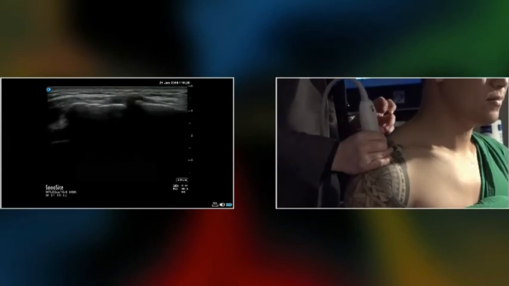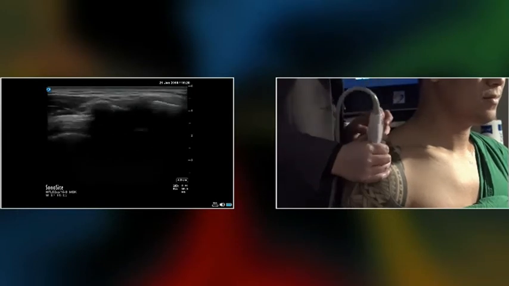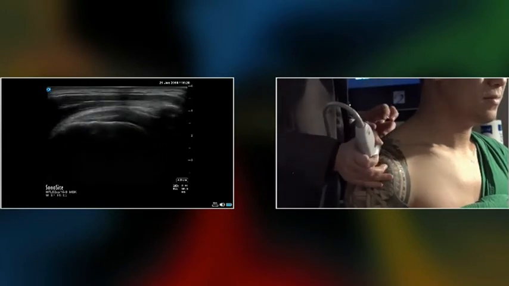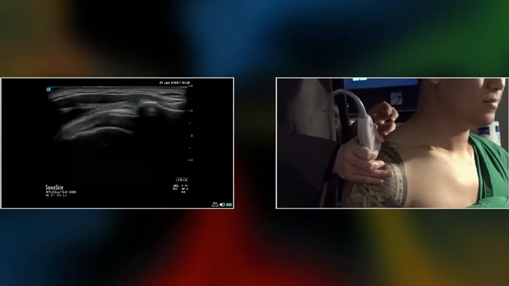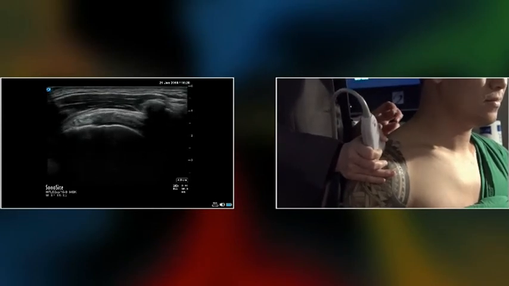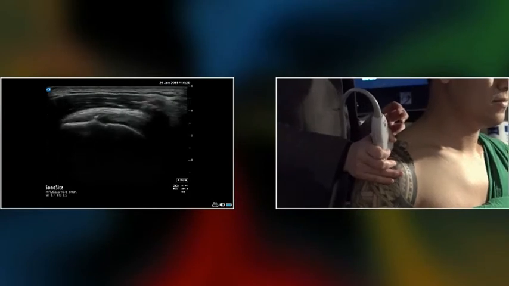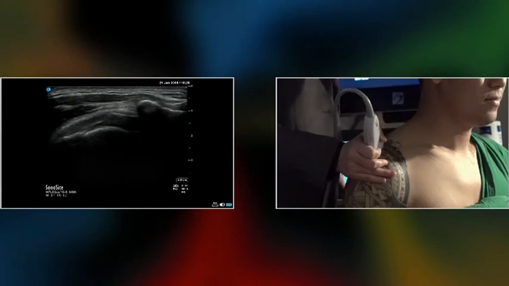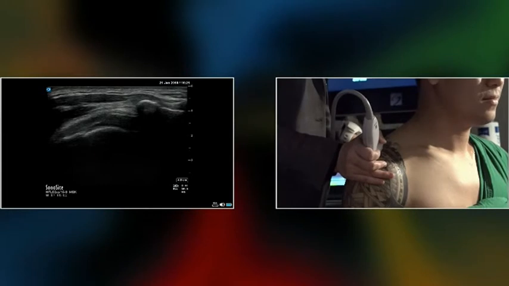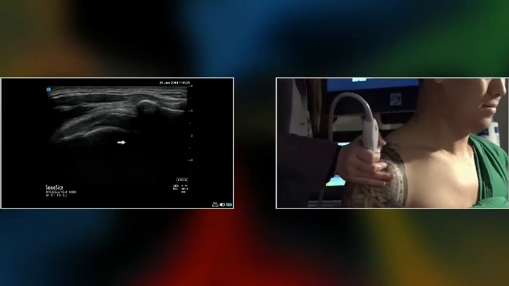Okay, another thing you would like to see, and very easy, is the acromion, and then see whether there is any subacromial impingement. Okay, so I can see that actually the bursa is within normal.